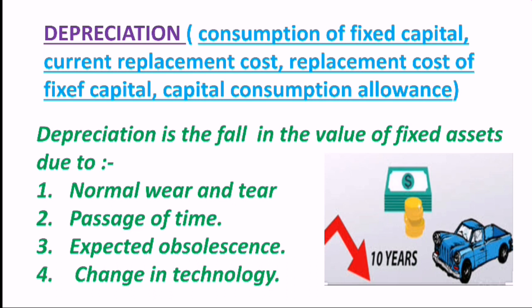Technology is increasing at a very fast rate. So depreciation is nothing but the fall in the value of fixed assets due to normal wear and tear, passage of time, expected obsolescence, and change in technology. Now, while solving numericals, you will find various names used for depreciation, like consumption of fixed capital, current replacement cost of fixed capital, capital consumption allowance, etc.